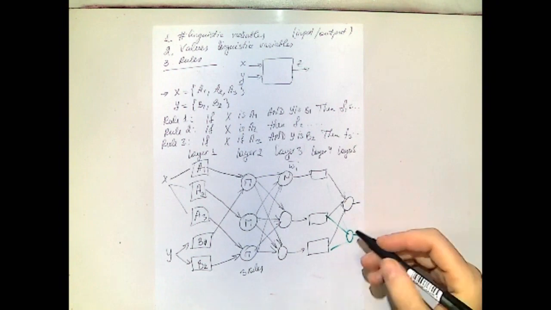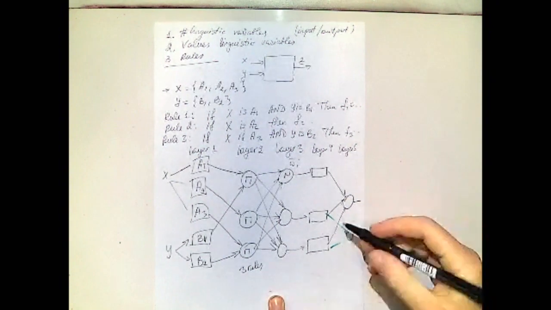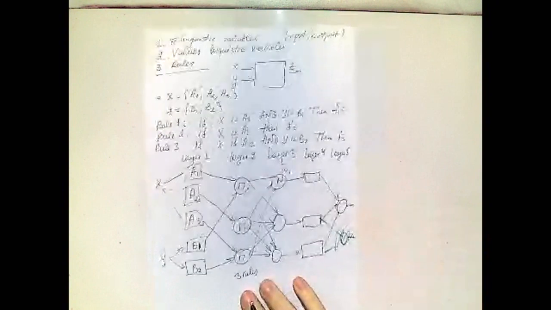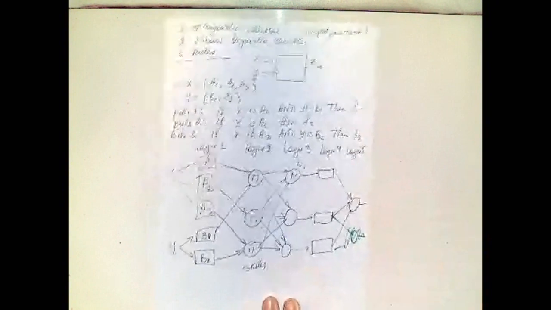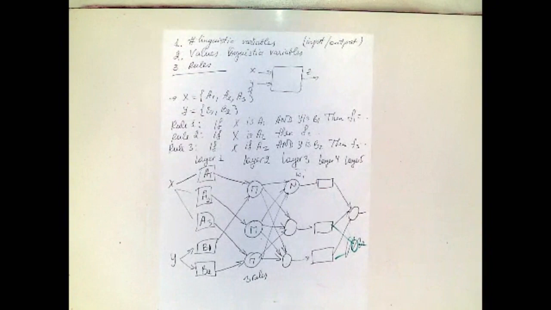But I can tell you that you will not have output 2, so you will have only 1 output. Number of rules, number of linguistic variables, values of linguistic variables can change.